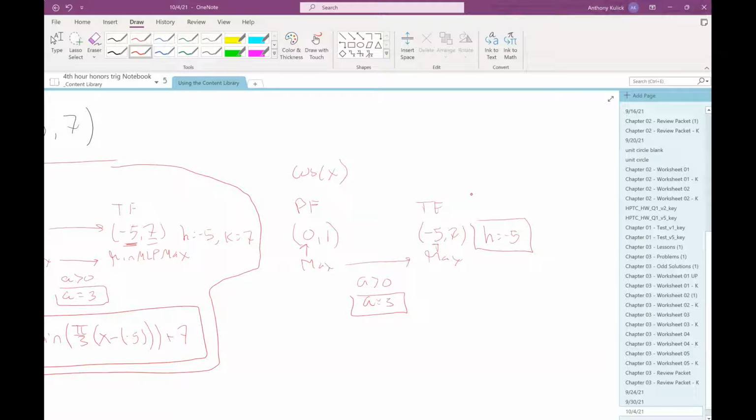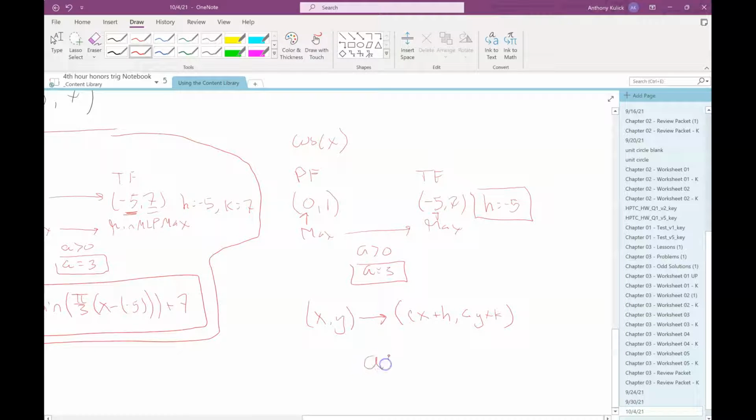So to find K, let me just remind you of what we're about to do. We know to transform a point from the parent function to the transformed function, we do this, right? Everybody's okay?